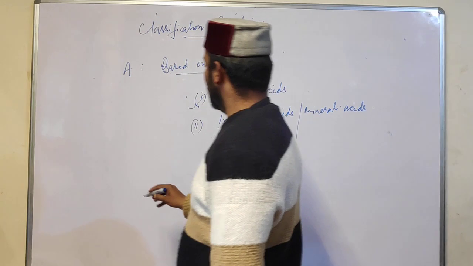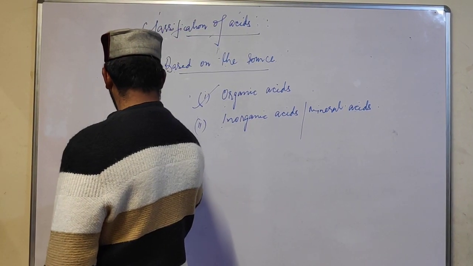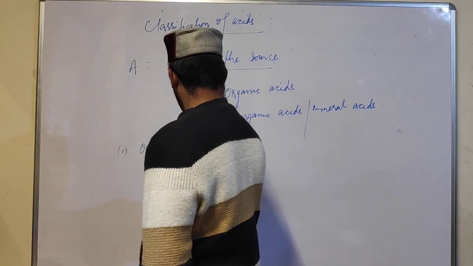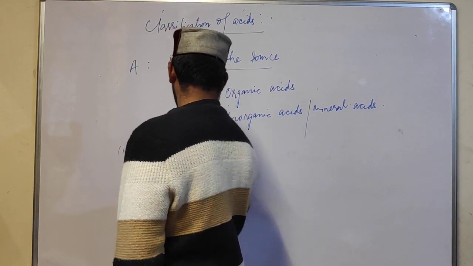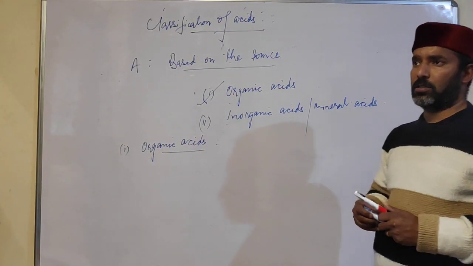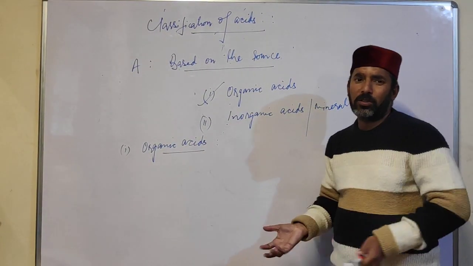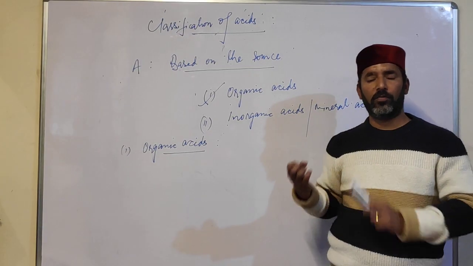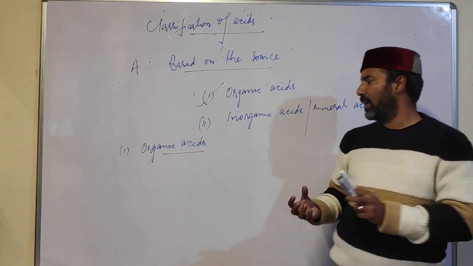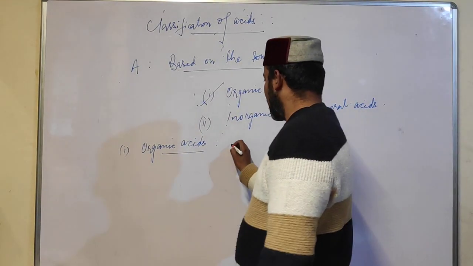Now first, what are organic acids? Now organic acid students, organic का मतलब ही होता है anything which is derived or which is obtained from living beings like plants or animals. So what are organic acids?